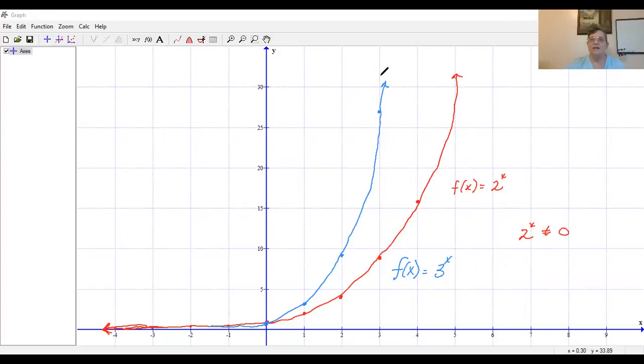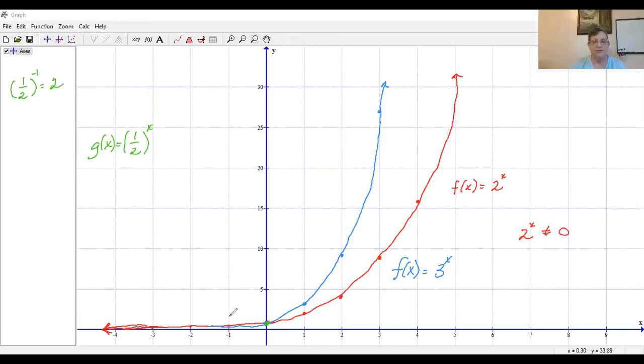What if we looked at, say, g of x, call it something else, equals 1/2 raised to the x? Well, 1/2 raised to the 0 is still 1. 1/2 raised to the negative 1 is 1 over 1/2, which actually turns out to be 2.